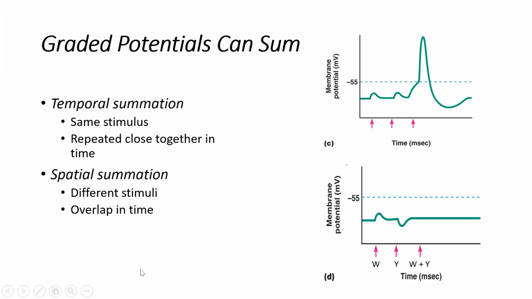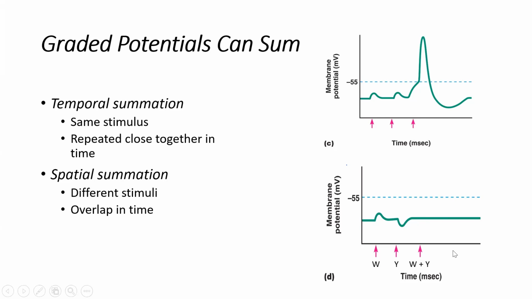We also have spatial summation. So these are different stimuli, right? They're happening on different spots of the soma, okay? So not the same spot, which is temporal summation, but different spots that we drew earlier. So different stimuli, but they're overlapping in time. They're happening at the exact same time. Again, we can simply add those values together and sum those, and they may or may not get us closer to that threshold value.